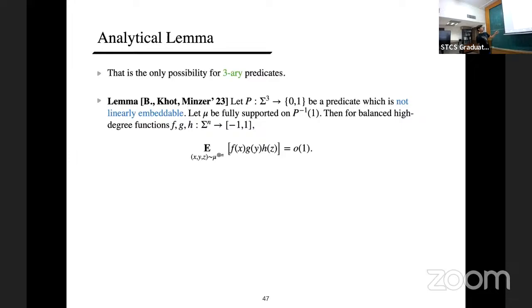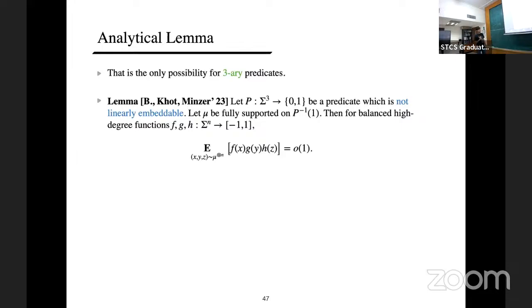Pick the predicate P which has no linear embedding, and let mu be the distribution which is fully supported on the set of satisfying assignments. Fully supported means its support is equal to P inverse 1.